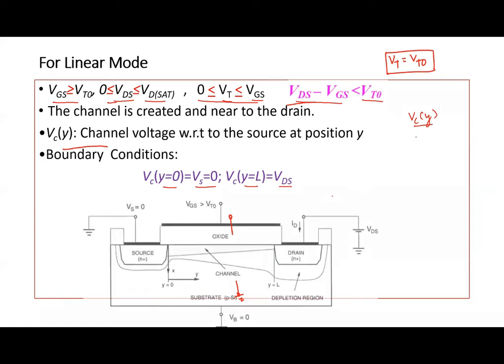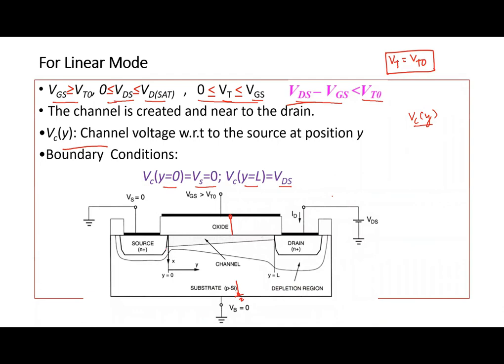Here you can see this is your channel, and VDS is some positive value. This creates an electric field that allows electrons to travel from the source and be collected at the drain. And this is the channel.